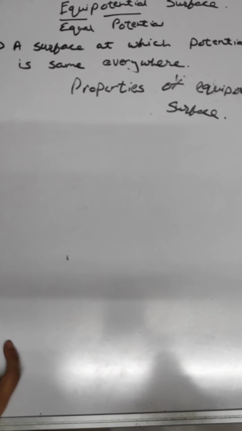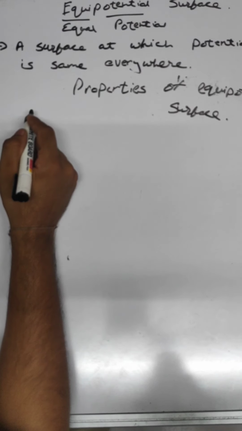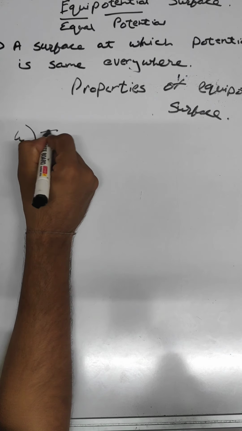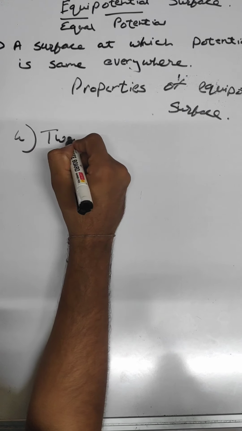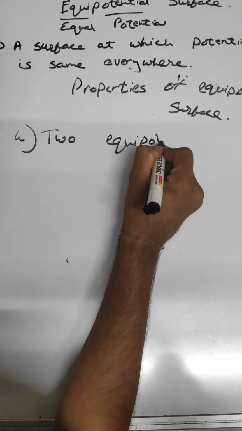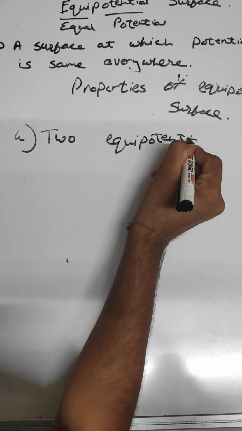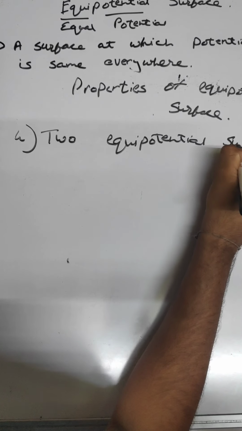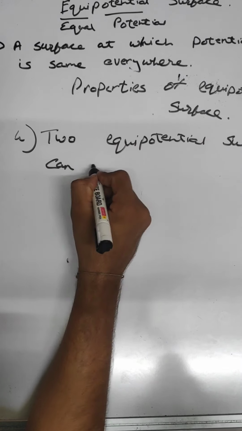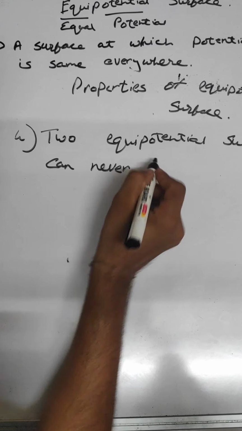What does the next property say? The fourth one: two equipotential surfaces can never intersect.